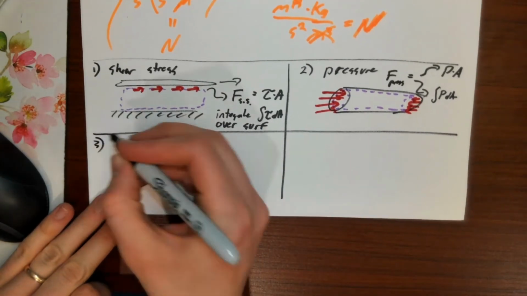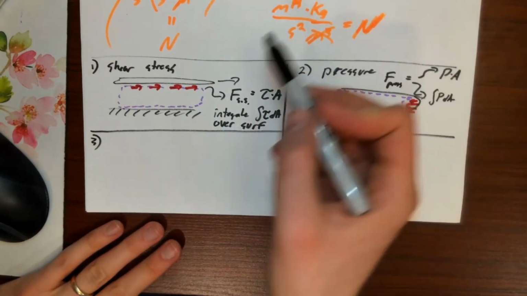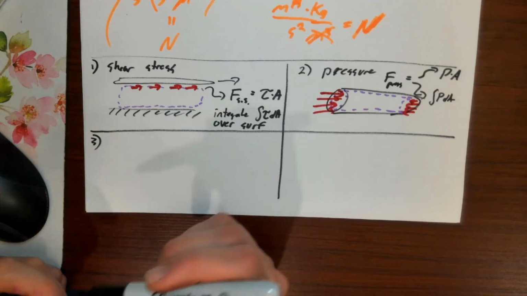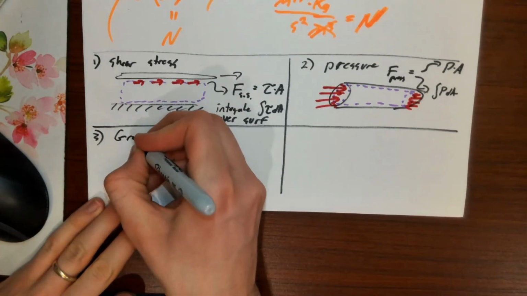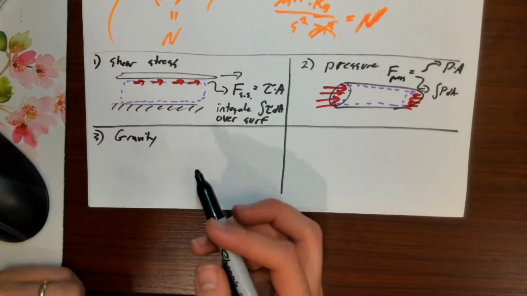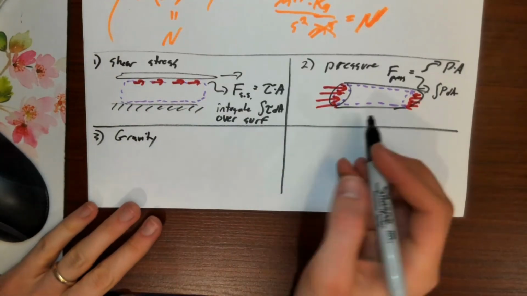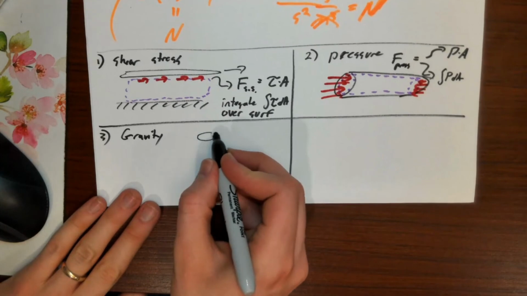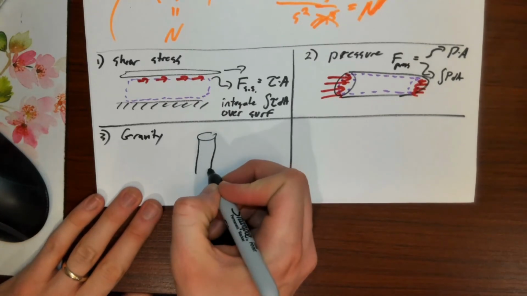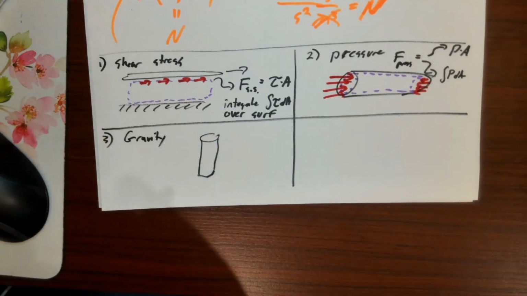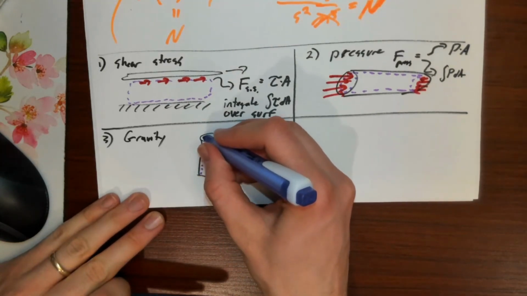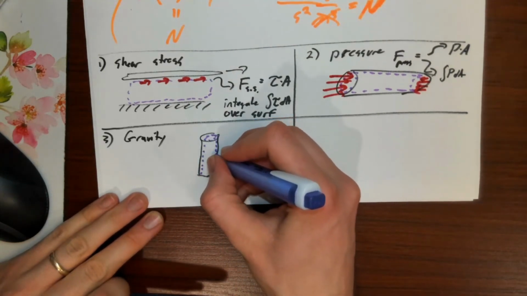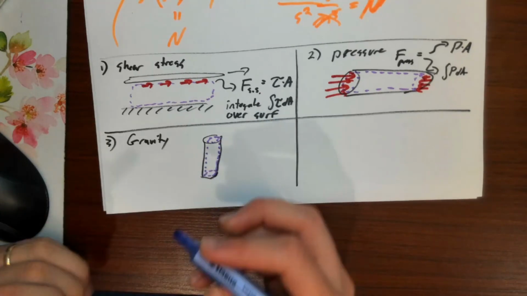What are some other ways that we can get external forces on chunks of fluid? Well, gravity. Gravity can apply forces to fluids, right? So let's say instead of having this pipe be horizontal, I had some vertical pipe, with the control volume drawn just barely inside of it.